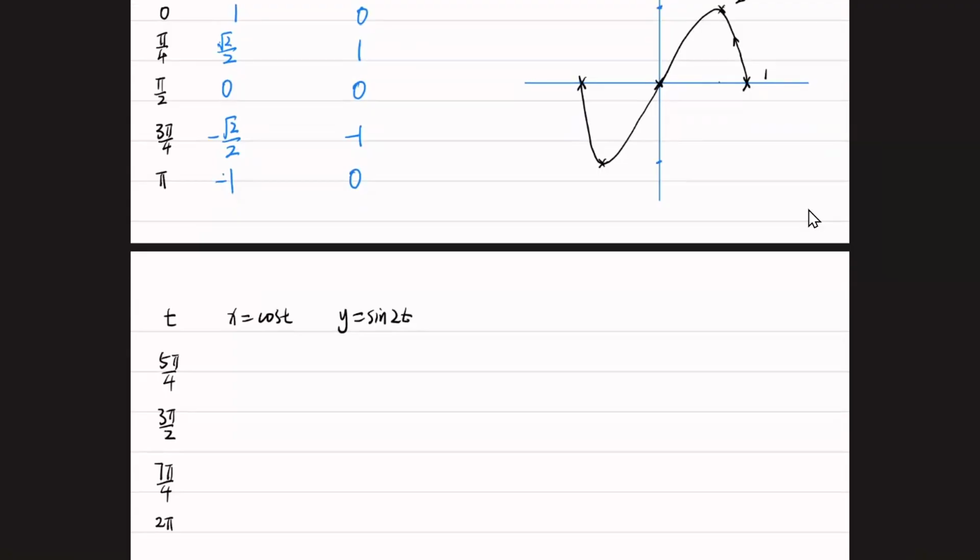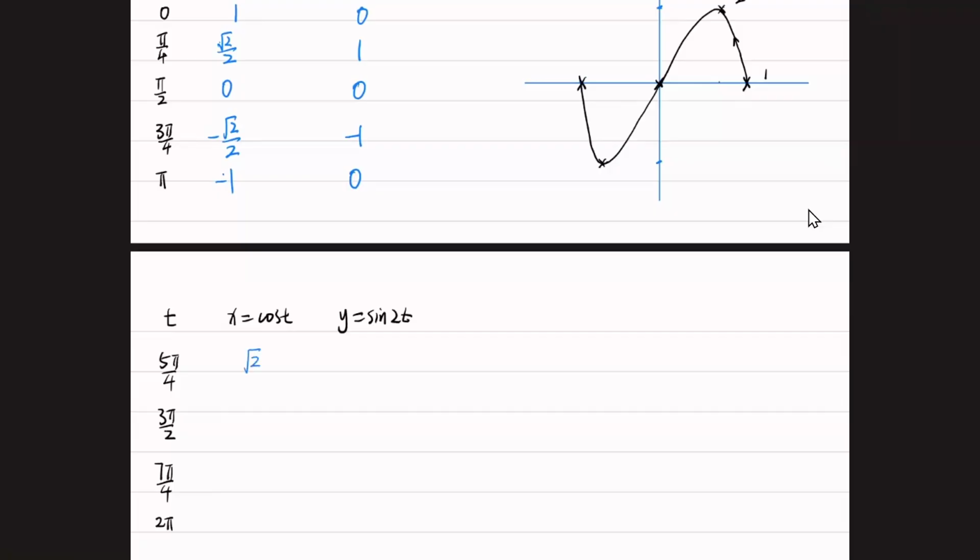Okay, Sophia, find cosine t for these parameters. Cosine 5 pi over 4 is square root 2.